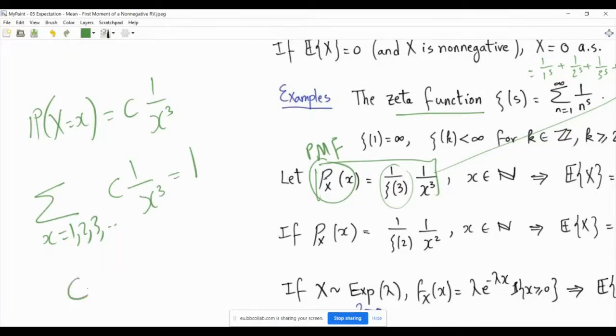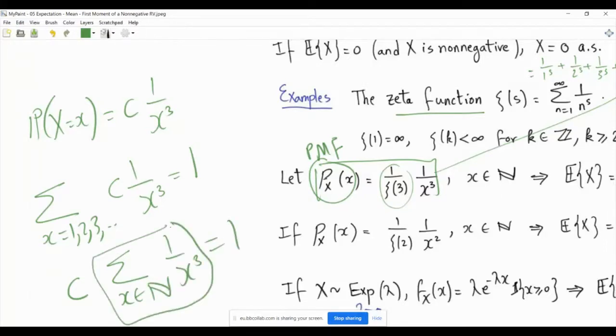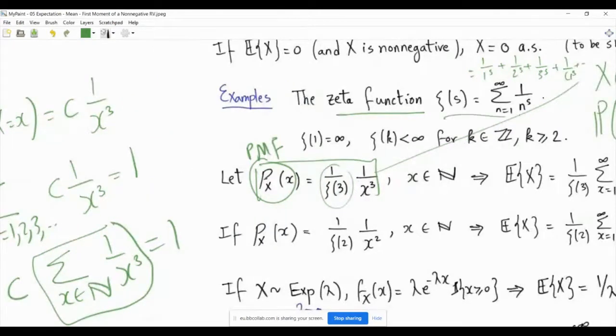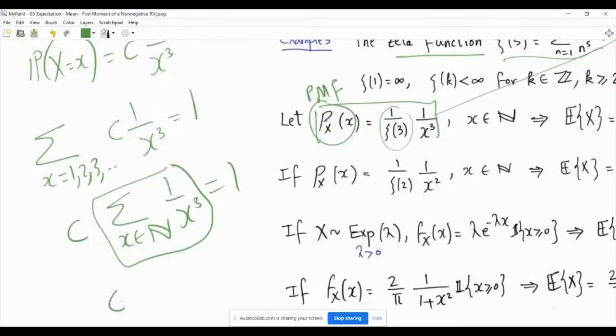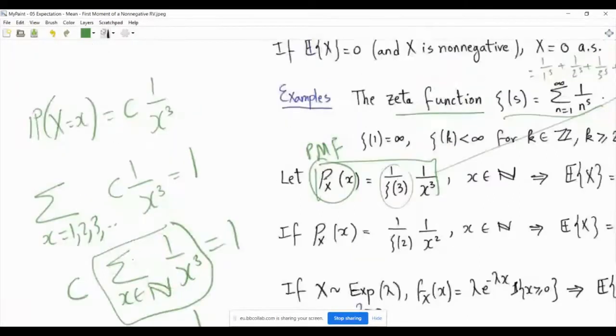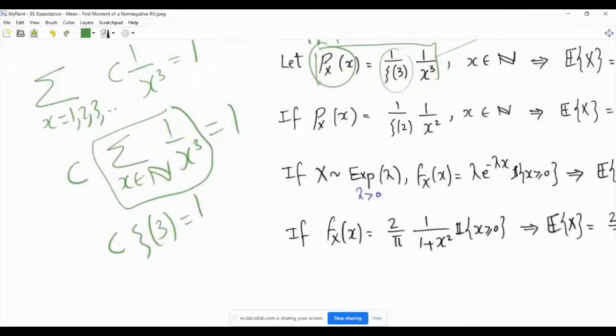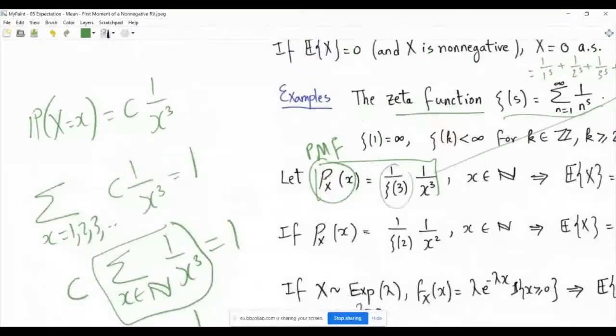So it must be the case that C multiplied by this summation should be equal to 1. And this summation by definition is the zeta function evaluated at 3, because those guys are cubed. So C times zeta 3 equals 1. To have a correct PMF, where the sum of the probabilities is 1, this constant C must be chosen as 1 over zeta 3. That's the reason we have this guy here.